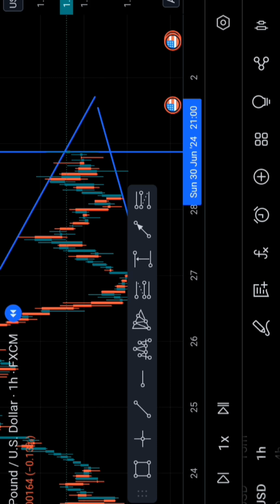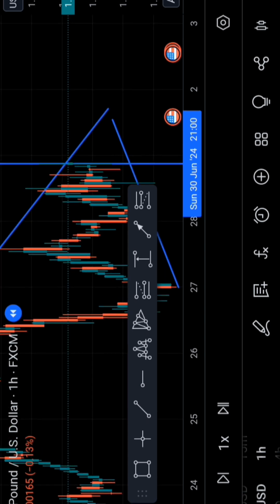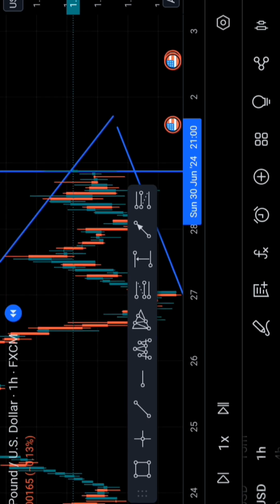This was 21 hours. So according to my strategy, I wouldn't have taken this trade. This is at 21 hours.